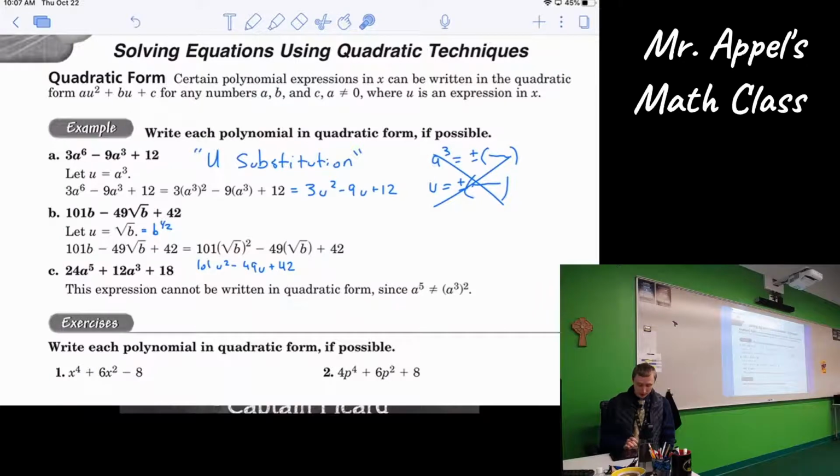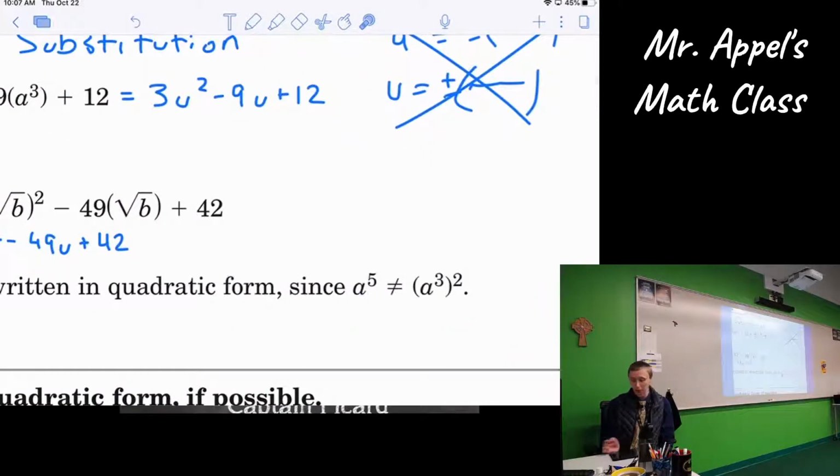This one, however, you can't do because it's an odd power, right? There is no simple power that turns something squared into 5. It's going to make things more complicated.